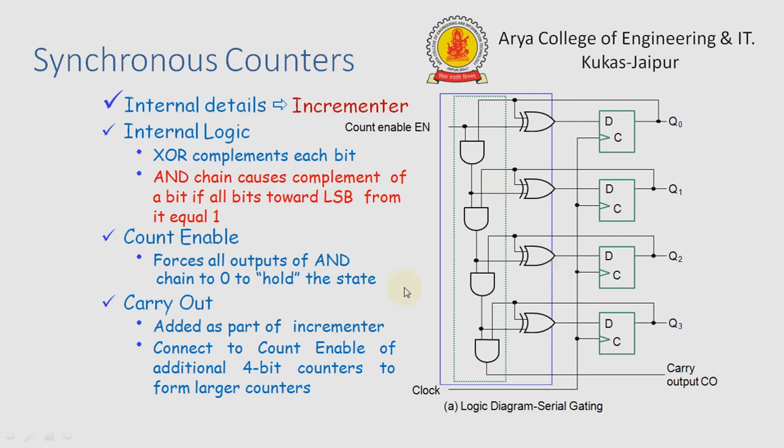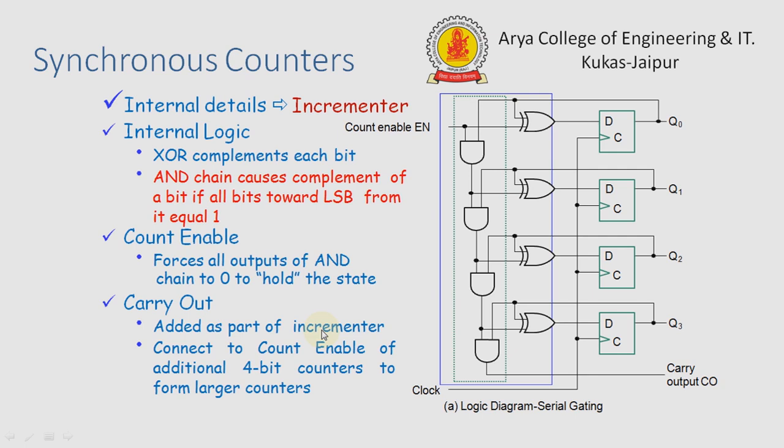So here is the basic block diagram of a synchronous counter. Here four D-type flip-flops are used, and incrementers are applied here. In the internal logic, an XOR gate complements each bit, and an AND chain causes complement of a bit if all bits towards the LSB from it are equal to 1.